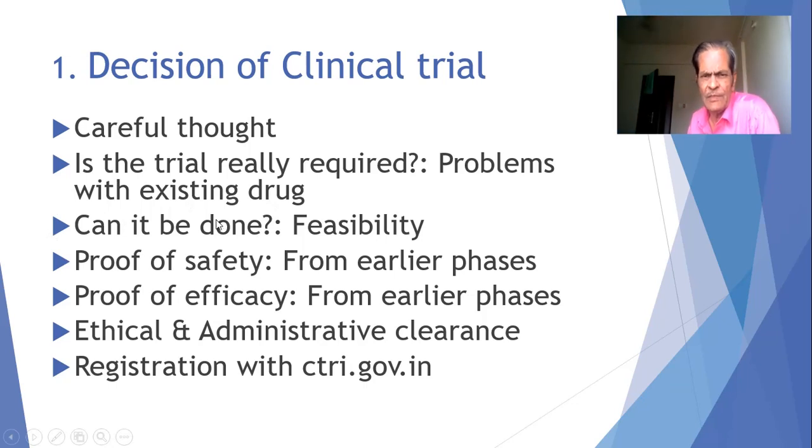This involves the feasibility issues: whether a sufficient number of participants are available, sufficient number of patients suffering from the disease in question, whether they are available in the institution under the principal investigator, that is you who are conducting the trial, whether the diagnostic facilities for the disease are available, whether any complications are foreseen with the new drug, and whether the facilities for the treatment are available with the institution or not.